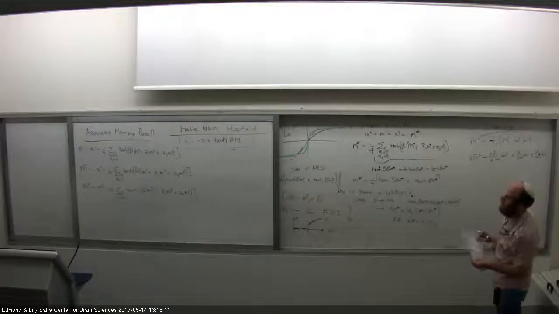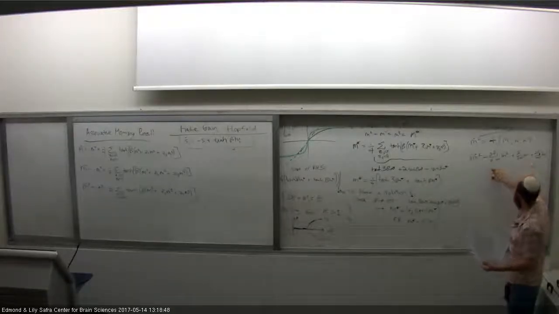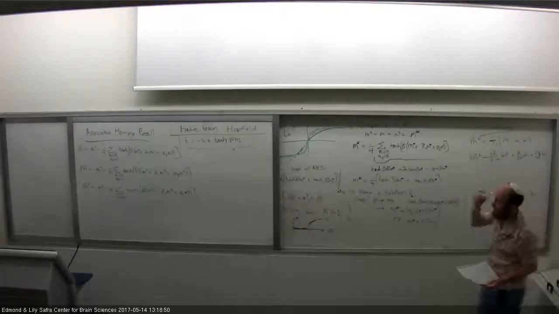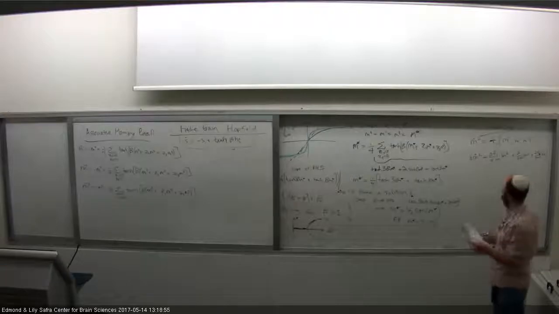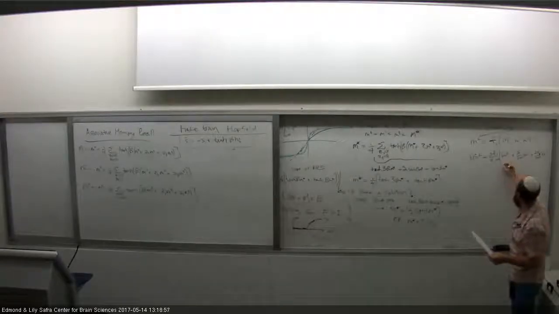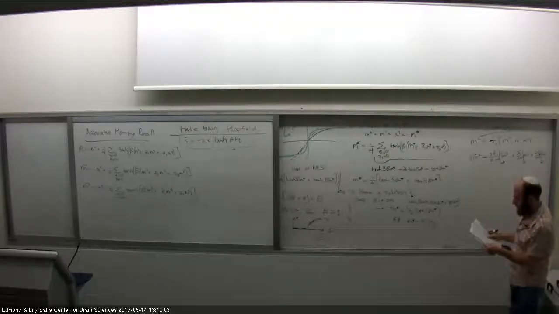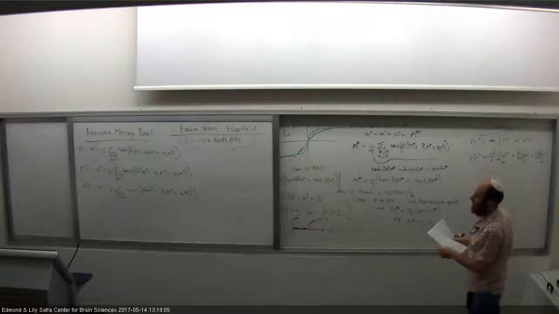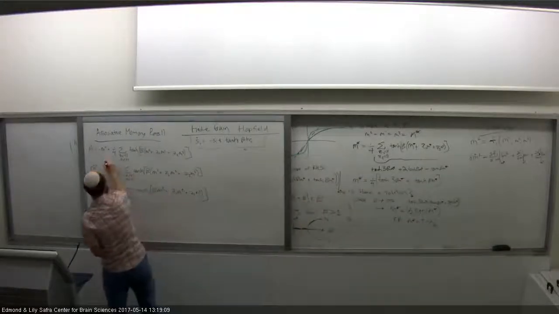Okay, so let's calculate these derivatives: the derivative of this f1 function, which we have up here, in the three different directions. These have to be evaluated at the fixed point, of course. f1 we have written up here.